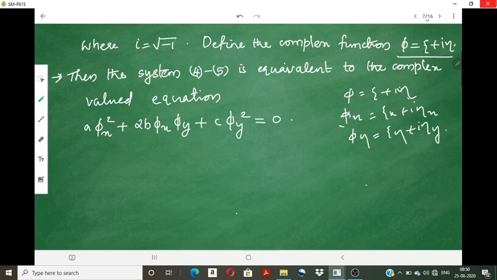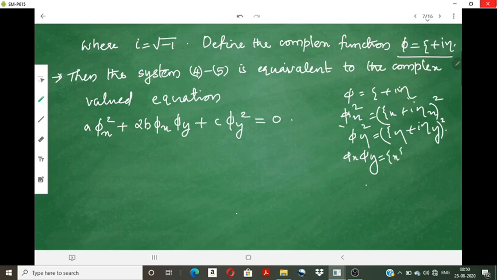Then phi x square means theta x plus I eta x whole square, then expand that. Phi y square means theta y plus I eta y whole square. Then phi x phi y is the multiplication of theta x plus I eta x into theta y plus I eta y.